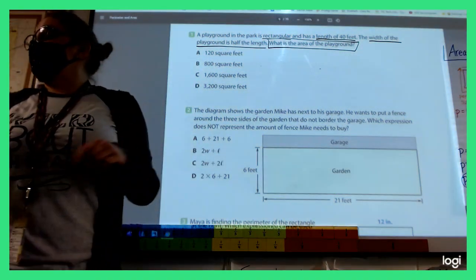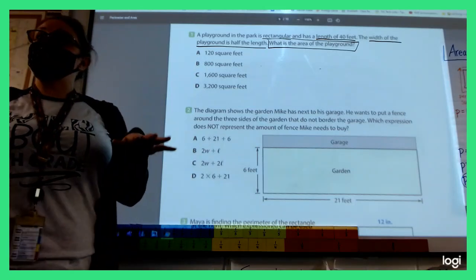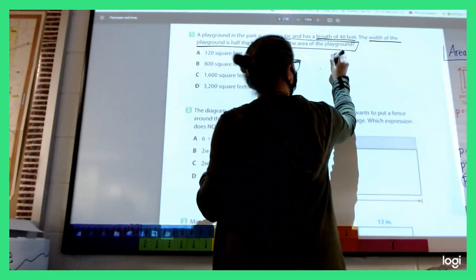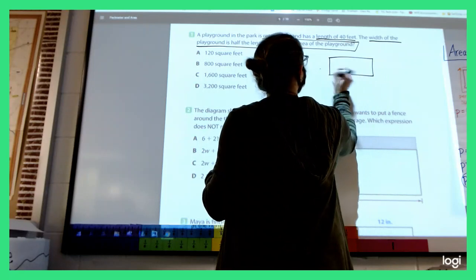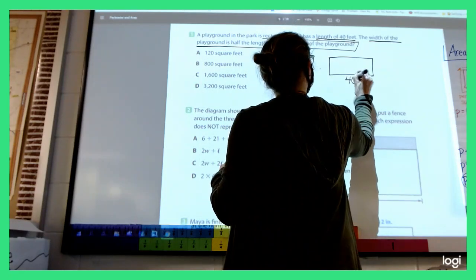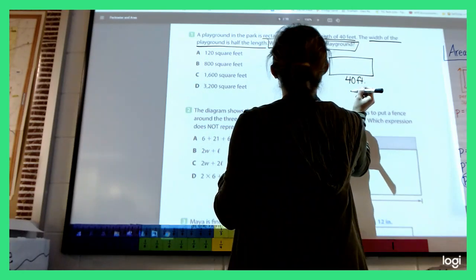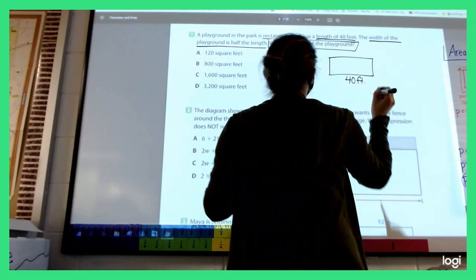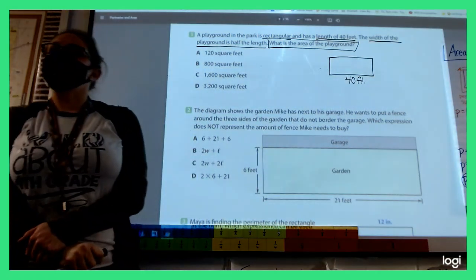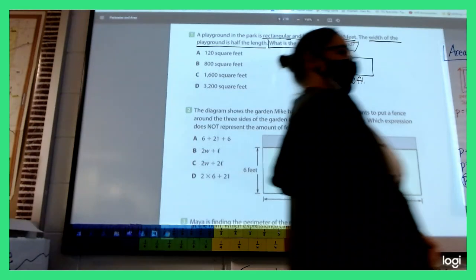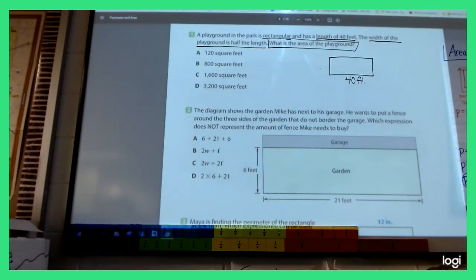Okay, first thing I recommend is drawing a picture. So please draw a picture. Check your picture with mine. Make sure it makes sense. All right, now they give us the width, but they kind of give us the width like in a riddle. How do I figure out the width based on what they gave me? Abby?